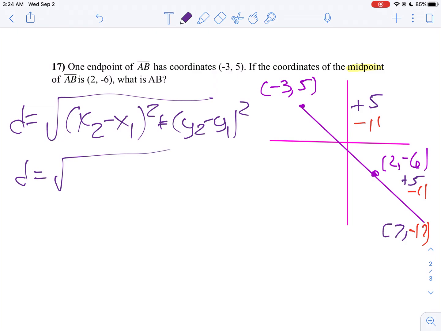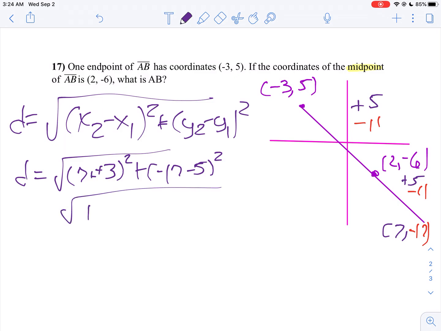So I'm going to subtract my x's. So I'm going to say 7 minus -3 squared plus -17 minus 5 squared. Well, when you subtract a negative, you add. So 7 plus 3 is 10 squared. -17 minus 5 is -22 squared.